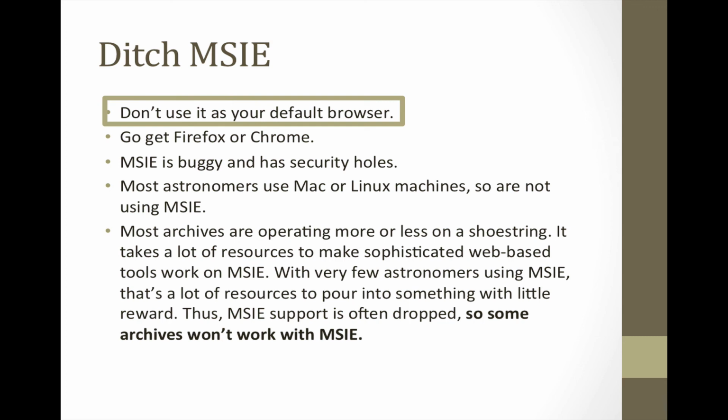And because most of the archives are operating with the barest trickle of money, we don't have the resources to make these web-based tools work on Internet Explorer, especially since so few astronomers use it. So often Internet Explorer support is just dropped. So there's some archives that won't even work if you have that as a browser. So just don't use it. Go get Firefox, go get Chrome, use one of those.